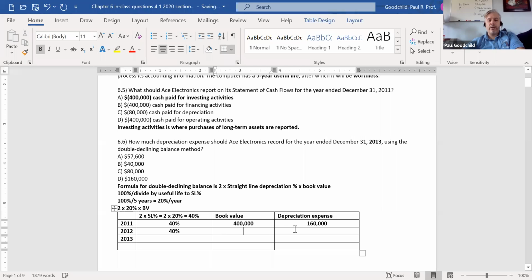40% now of our new book value. $400,000 minus the 160,000 equals 240,000. So we multiply 40% times 240,000. And that's 96,000.